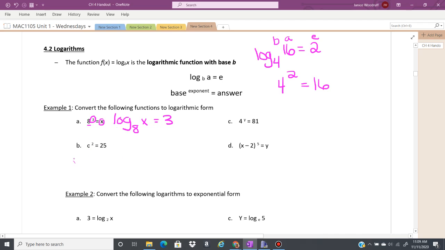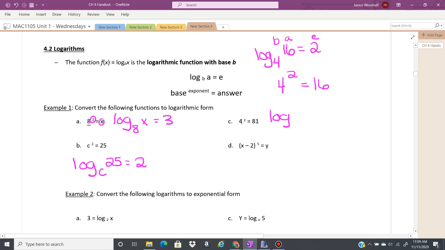For B, you have c squared is 25. So log, your base, that's c, your answer, 25, your exponent, 2. For C, base, answer, exponent: BAE.